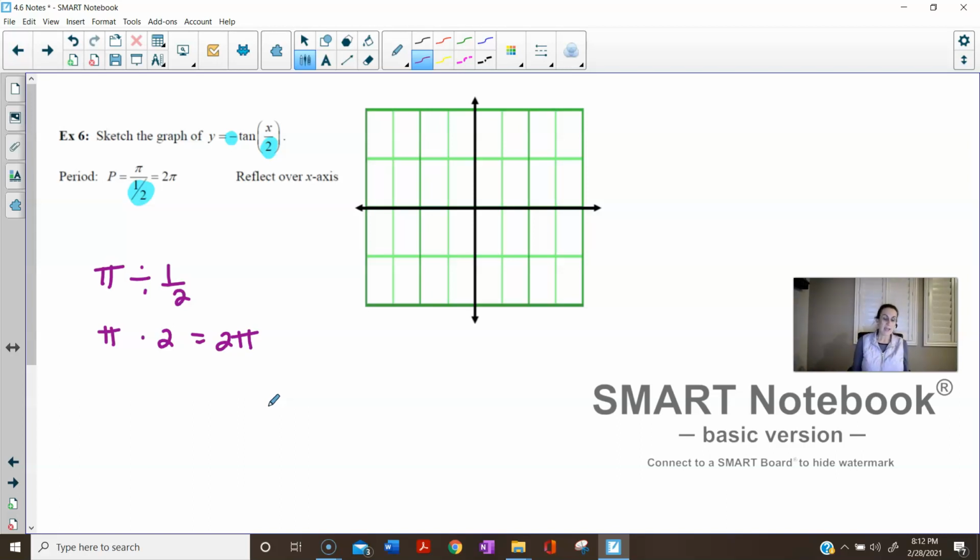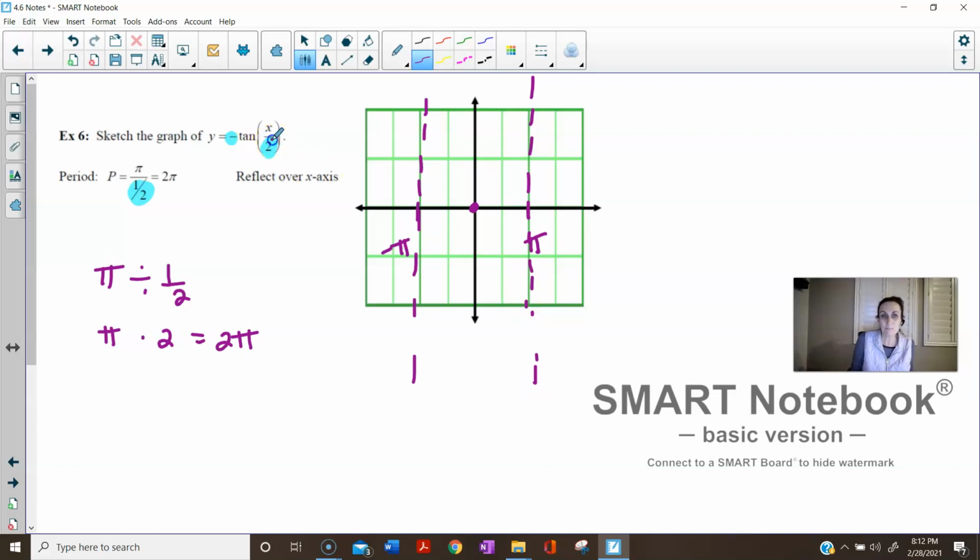So if I go from the center, the tangent of 0 is 0. And then over here, this is pi, and over here, this is negative pi. And so you can see that when you take pi plus pi, you get a period of 2 pi.